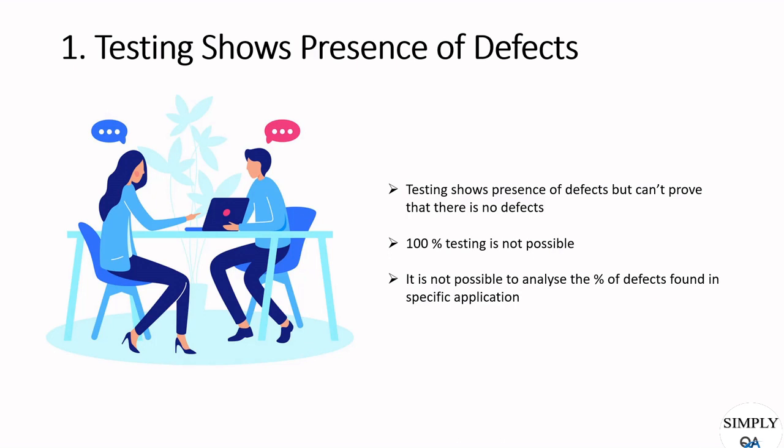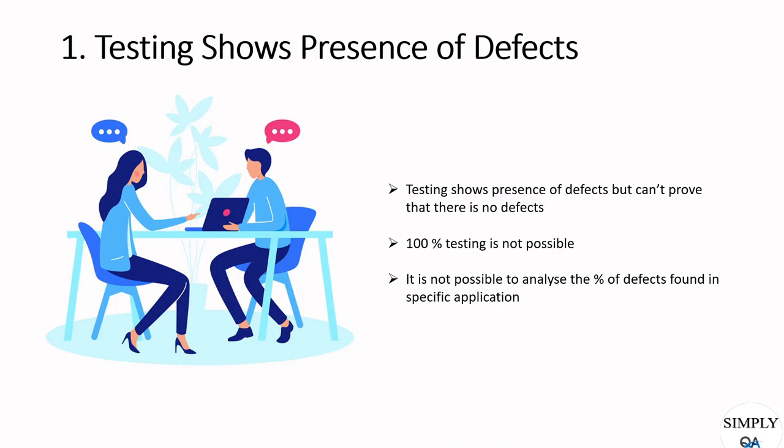So this is the task which is given to you. As a QA, will you be able to do that? No, right? Basically we can't quantify the number of bugs present in the application, which means will you be able to say there are 100 defects in this application and you have found 90 out of 100 defects? No, right?